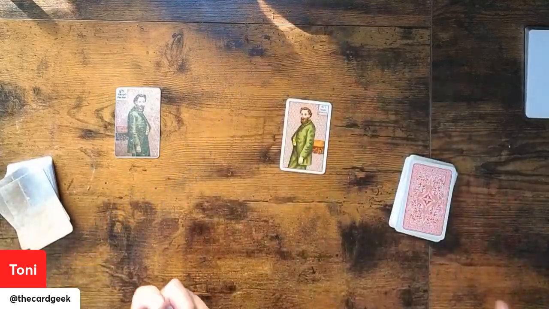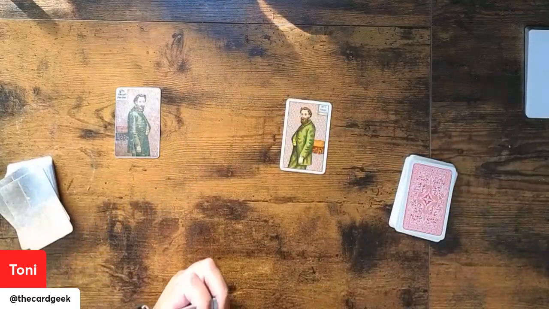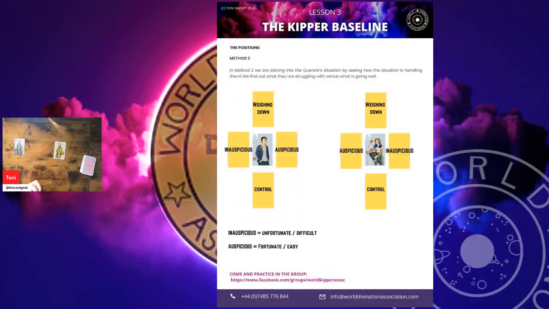So now we are going to go on to, and I will remind you of the positions here. We're going to have a look at what is weighing them down, what they are in control of, the auspicious and the inauspicious. What does auspicious and inauspicious mean? Auspicious basically means fortunate.